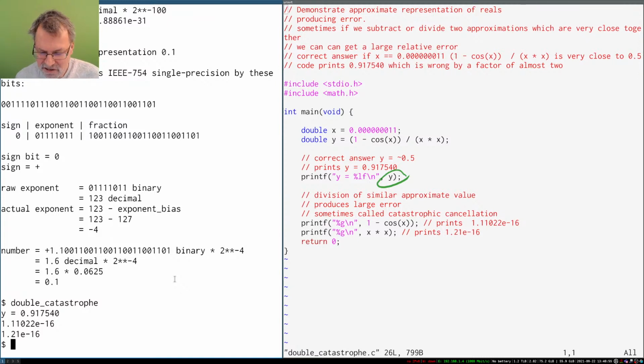If you're a star at trigonometry, you can figure that out for yourself. But y is supposed to be very close to 0.5. The trouble is, we're doing this division here, and the values are very similar, and they're very small as well. The result produces a large relative error.